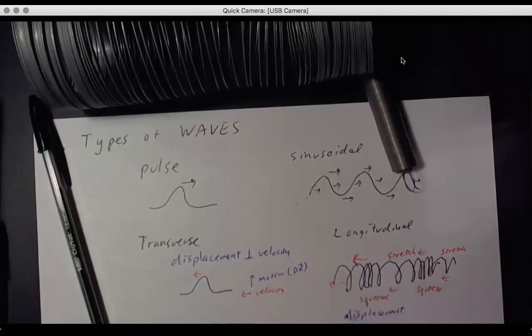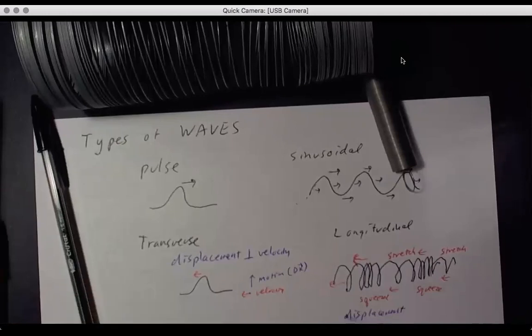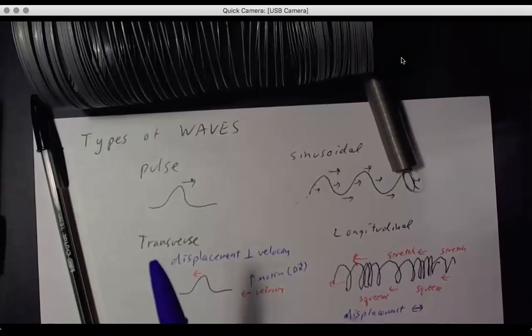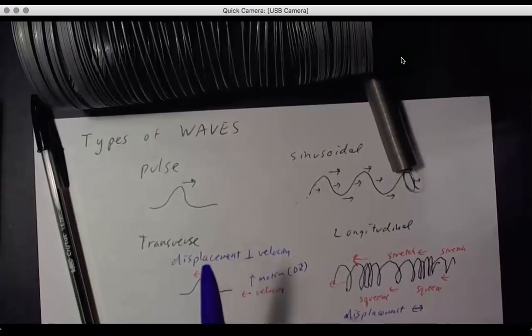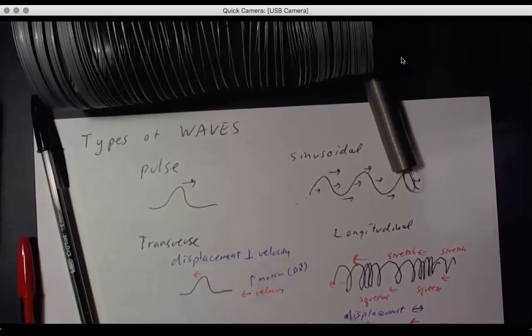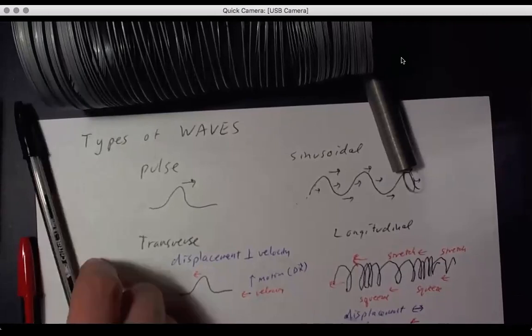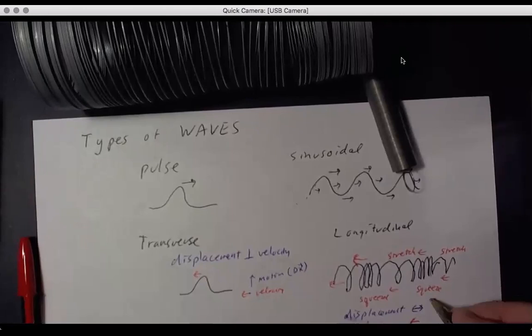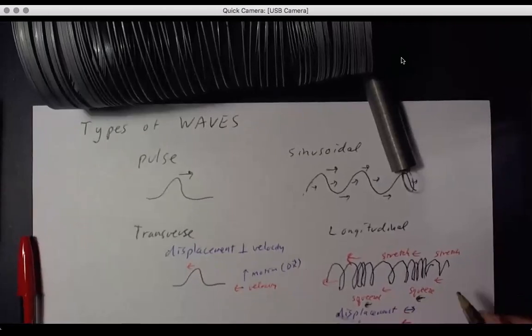In this case, the displacement is this way, right? Close together, further apart, close together, further apart. And the velocity is that way. So they're parallel or anti-parallel to each other. And so you can picture the squeezed regions as sort of traveling along with the velocity down through the material.